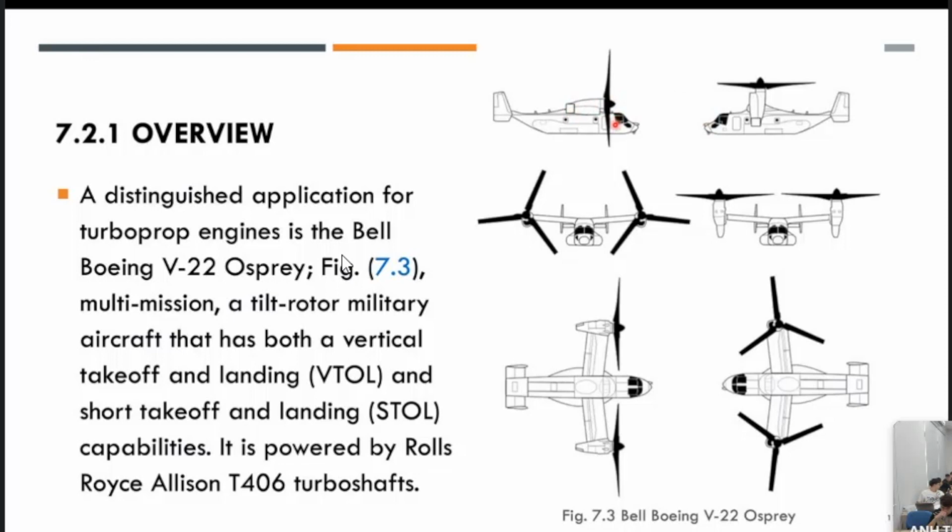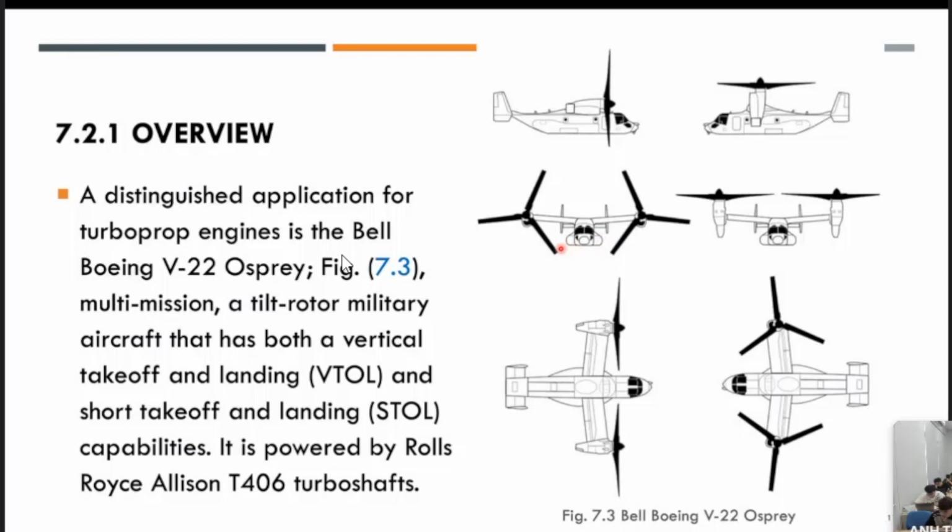As you can see here in the side view, the propeller is tilted so that it has a forward movement, or in this particular figure, a vertical movement.